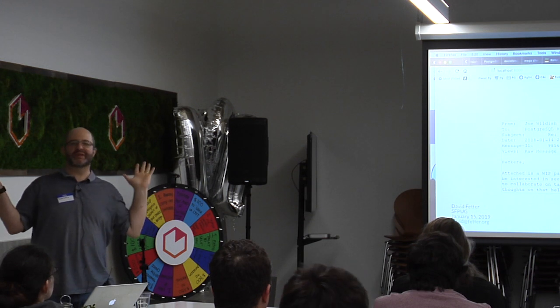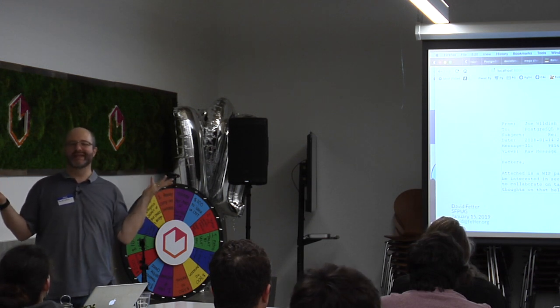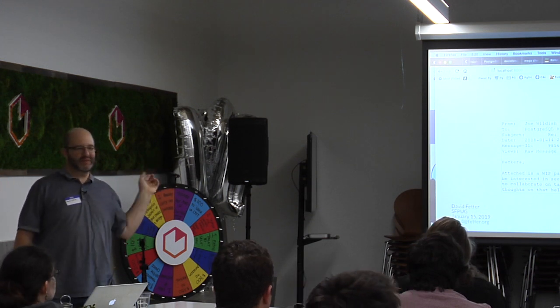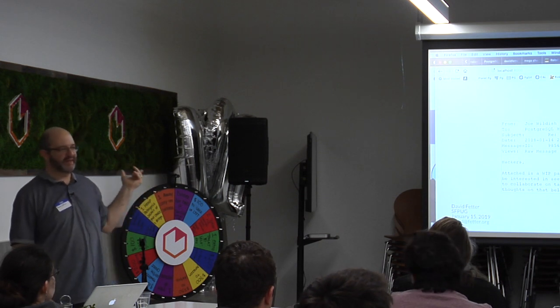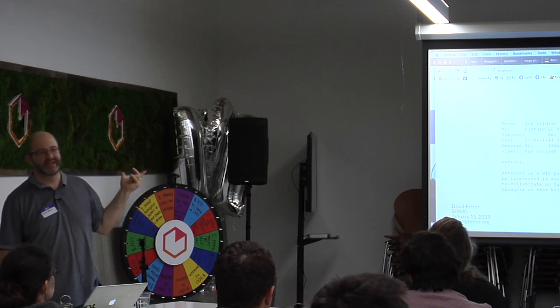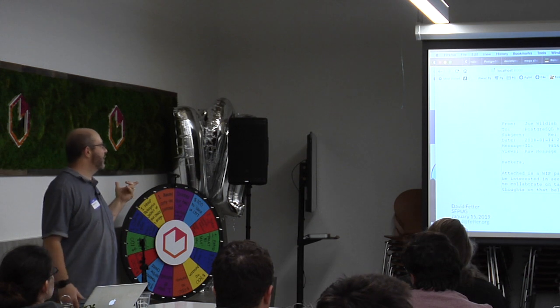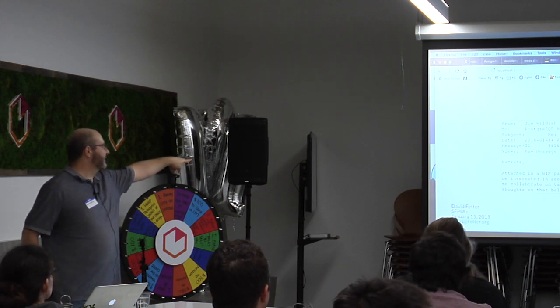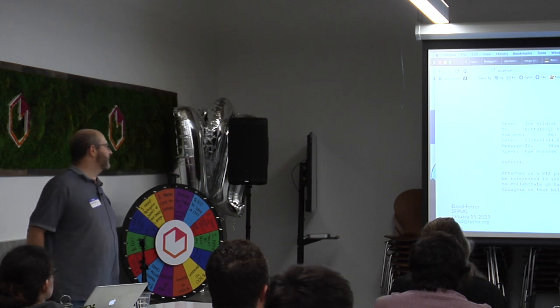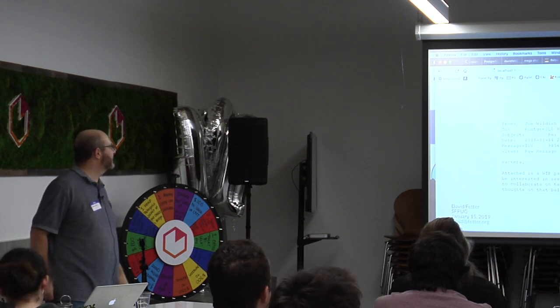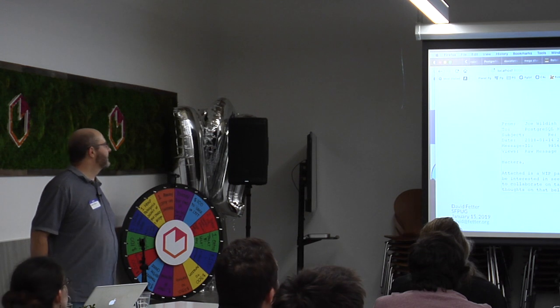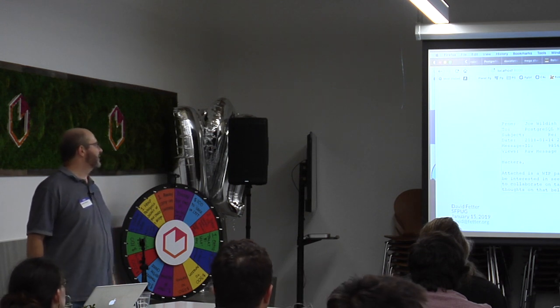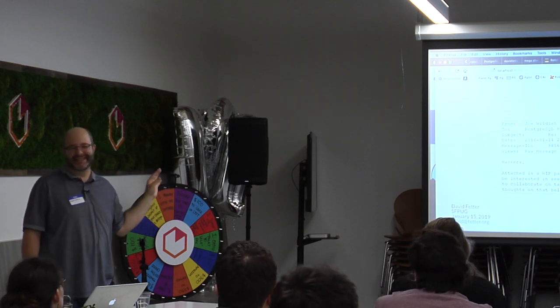Up pops this person that I've never heard of before on the Postgres mailing list. Apparently he's been interested in this problem for a really long time. His name's Joe. And here it goes. Attached is a work in progress patch for SQL assertion. So it is not near production ready, and boy was it not.